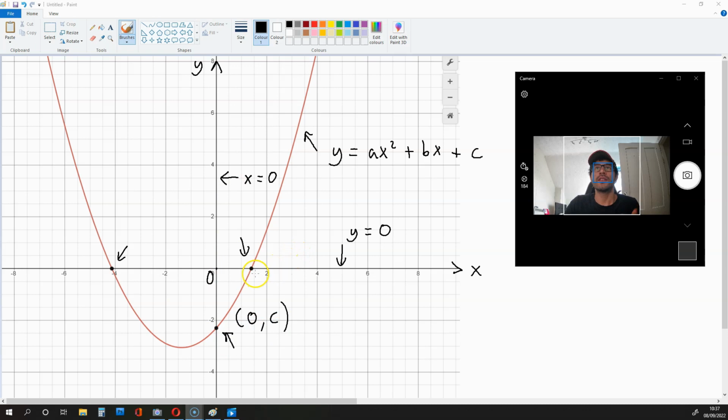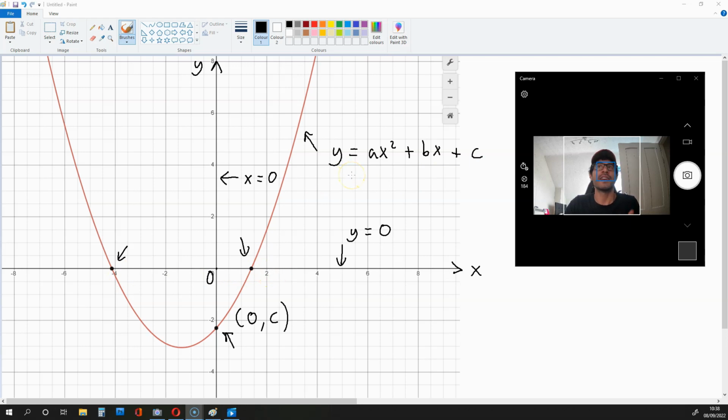Now what we need to look for are the x-intercepts, and if we make y equal to 0 for this graph, we get the equation ax squared plus bx plus c equal to 0. Now getting the x values for these intercepts is going to be more tricky.